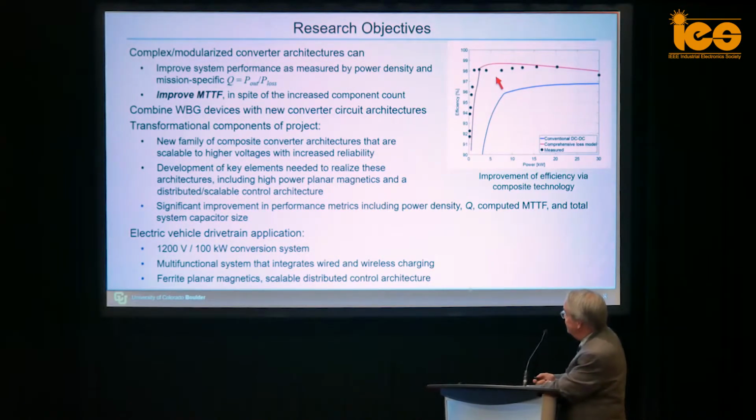So some research objectives of projects that my colleagues and I have done recently at Colorado is really looking at how to build more complex or modularized converter architectures that push the technology metrics in a significant way.